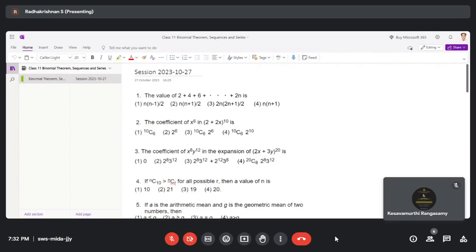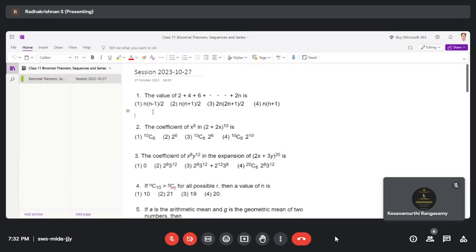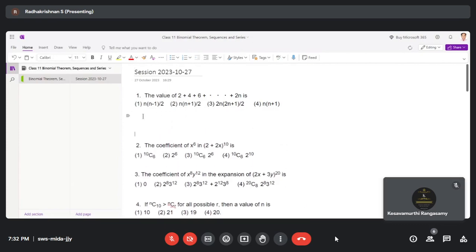Exercise number 5.5 in your book. So the problems are straight from the book, from your state board book. Here you can see that this is an arithmetic series.